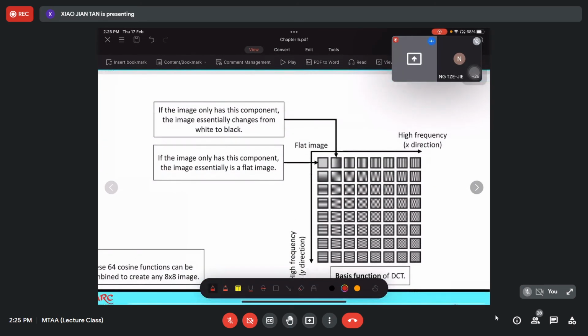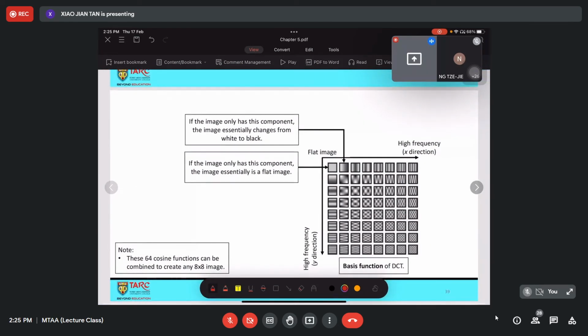So if the image has only this component, this bullet point, the image essentially changes from white to black color. Okay, so each of these is not simply a block, but marks the rate of change in the image.